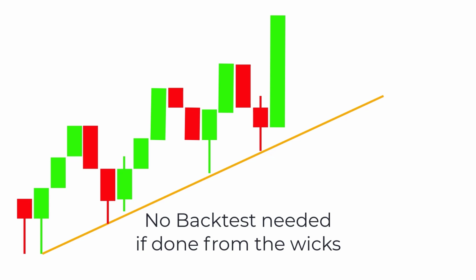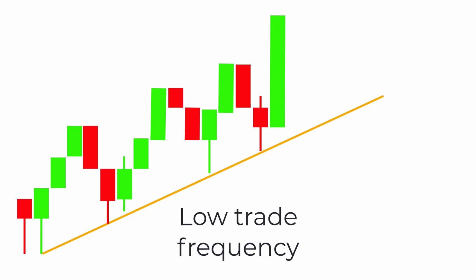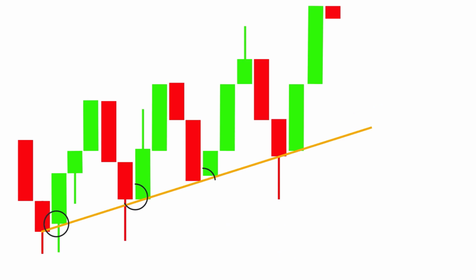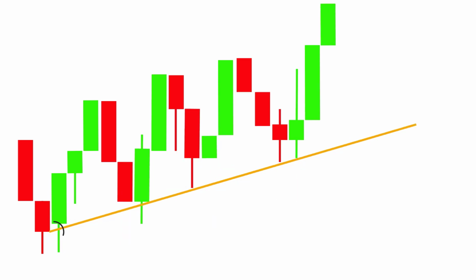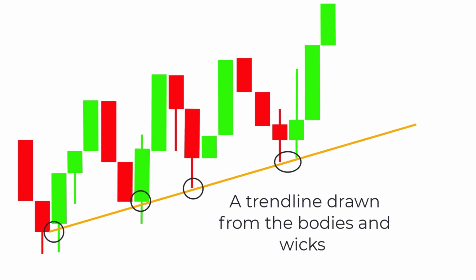However, the downside of drawing trend lines strictly from the wick is that the trade opportunities which you will get won't be frequent, and sometimes very rare, depending on the instrument. Alternatively though, if you draw your trend lines from the body of the candles, or a mix between the bodies and wicks, then you will get a lot more trade opportunities, but this technique will not work on all the trading instruments.